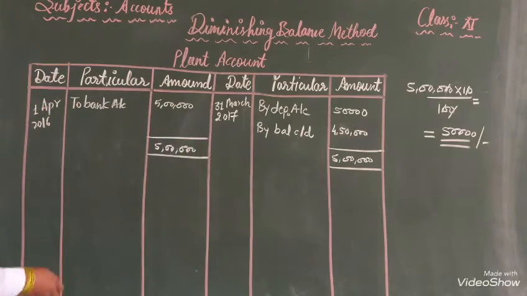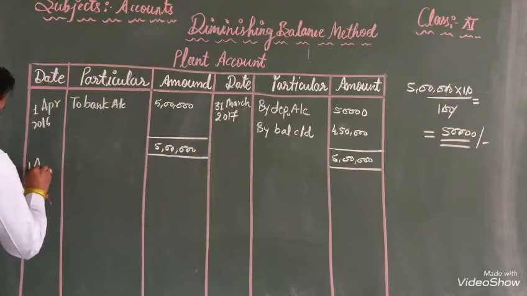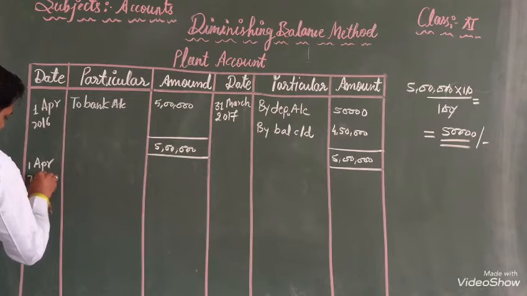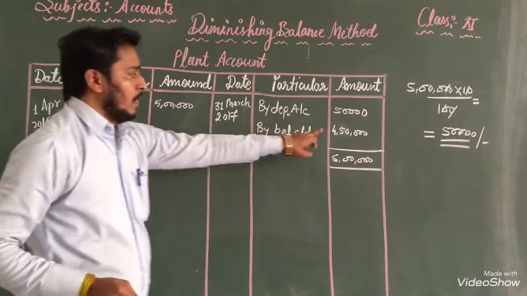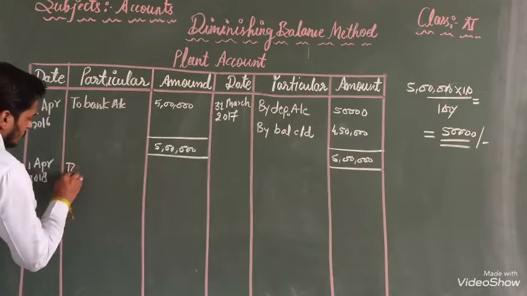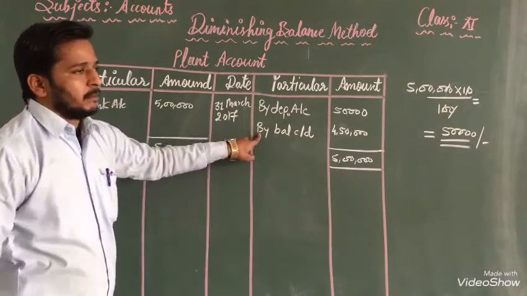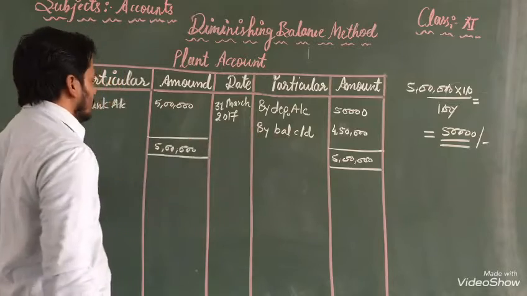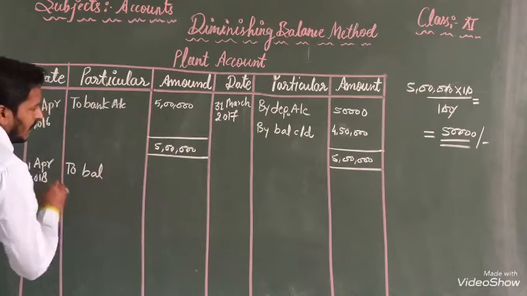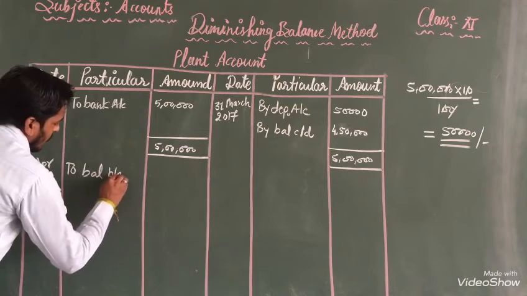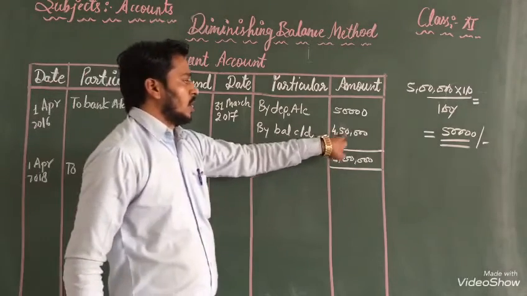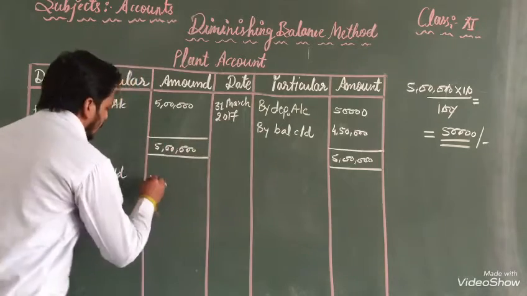So come here on 1st April 2017, our amount should be 4,50,000. Now it is written here as balance c/d, but when we write the same amount on this side, it should be changed to balance b/d, and the amount is 4,50,000.